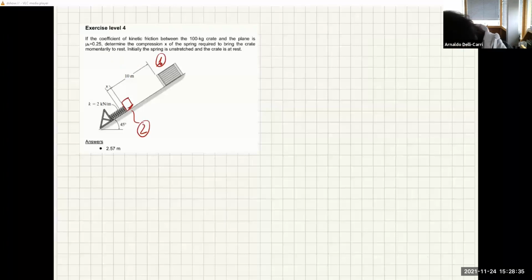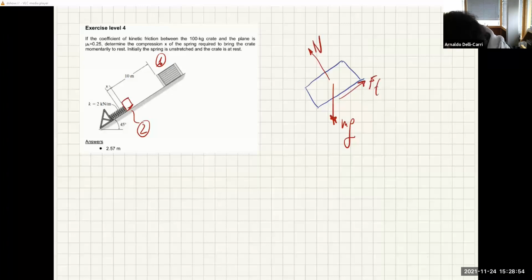So let's do the free body diagram. Let's see how many forces are acting on our crate. Let's start with the weight force, G. Then we have the normal force, N. Then we have the friction force, FF. And of course, when it's at 2, we also have the spring force, FK.